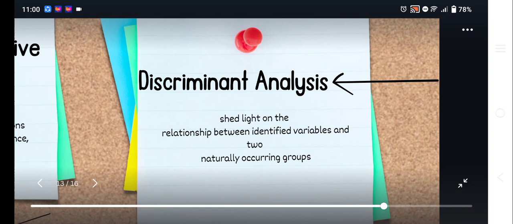These techniques are typically used to shed light on the relationship between identified variables, such as scores on a battery of tests, and two, in some cases more, naturally occurring groups, such as persons judged to be successful at a job and persons judged unsuccessful at a job. Okay?